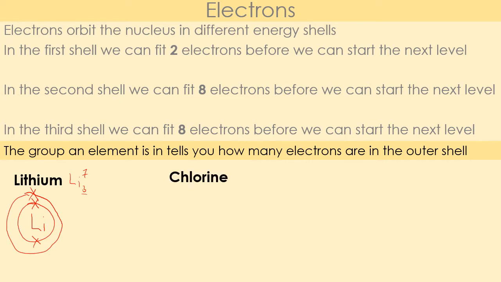Let's look at chlorine. Now chlorine, we've got our Cl, and then we've got 17, and then 35.5 up here. On that first shell, we can fit 2 electrons. On that next shell, we can fit 8 electrons.